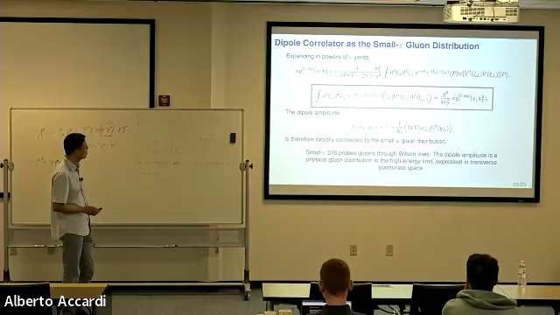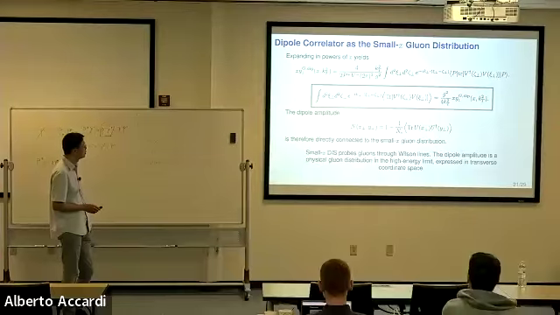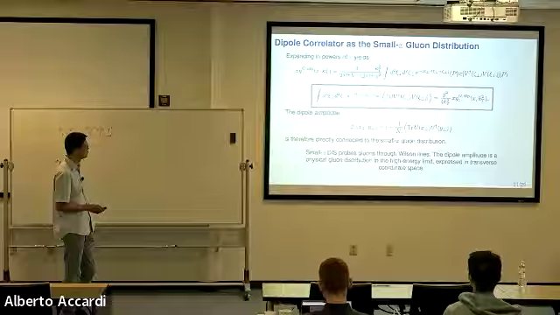So at leading order, when you set x equal to 0, that's what you end up with. This Wilson line automatically shows up in the expression. So this Wilson line correlator, and in this derivation I use V, essentially it's the same as U here, as long as they are both in the fundamental representation.